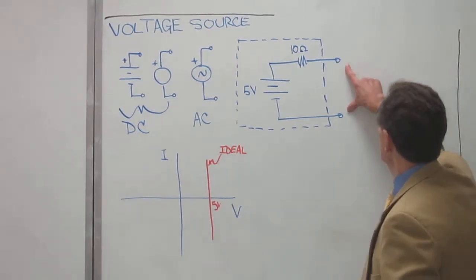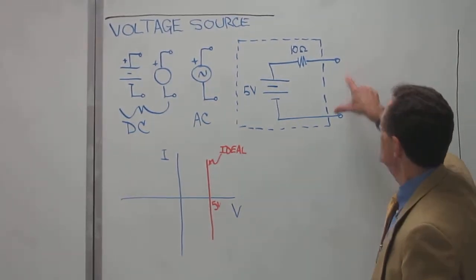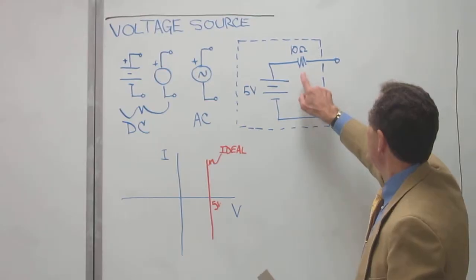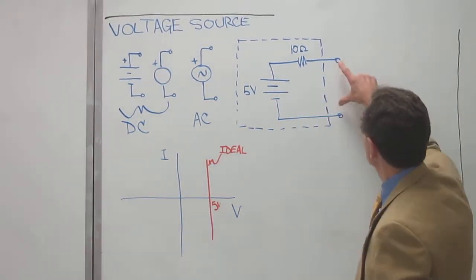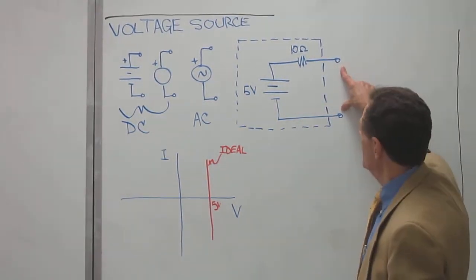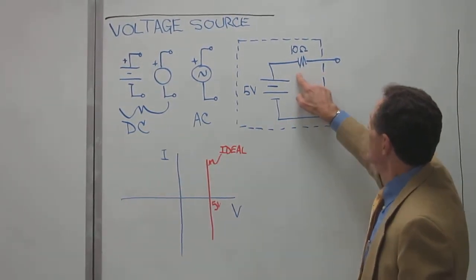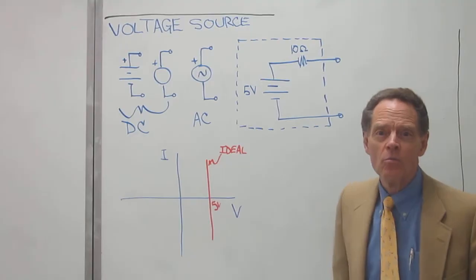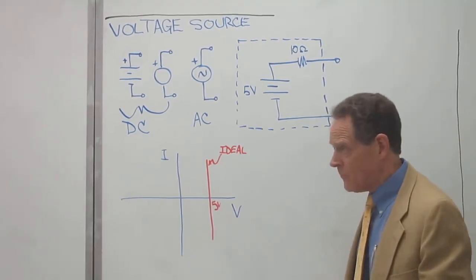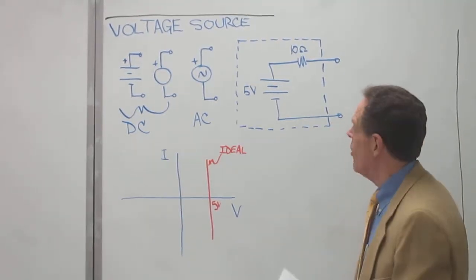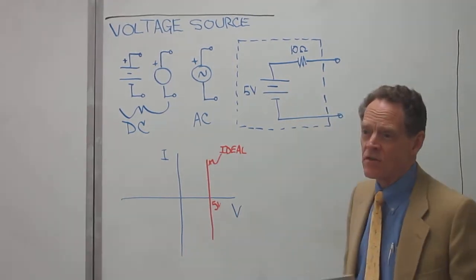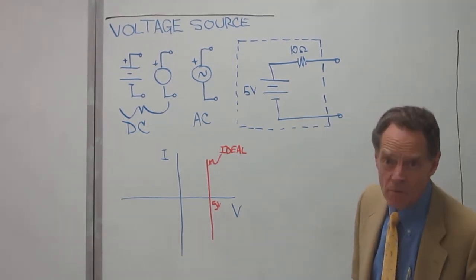Well, clearly, when we have nothing connected to this non-ideal battery, we're still going to read 5 volts at this point, right? Because we have no current going through the 10 ohm resistor. And by Ohm's law, we know that if there's no current through a resistor, IR must equal 0.